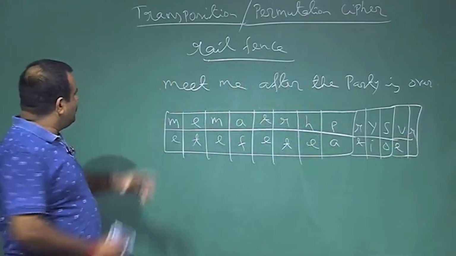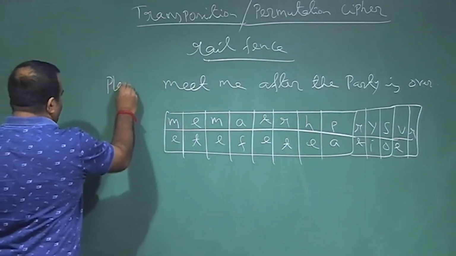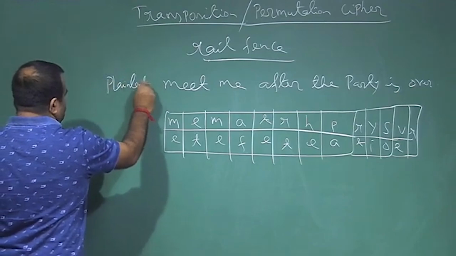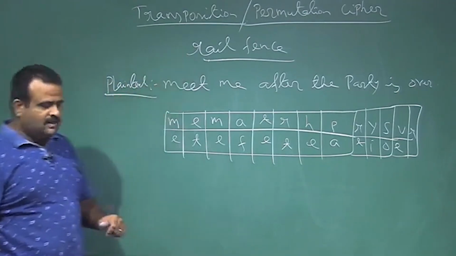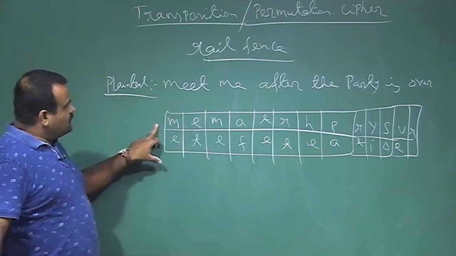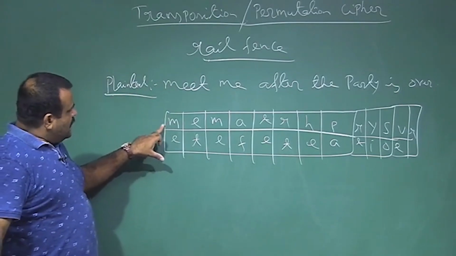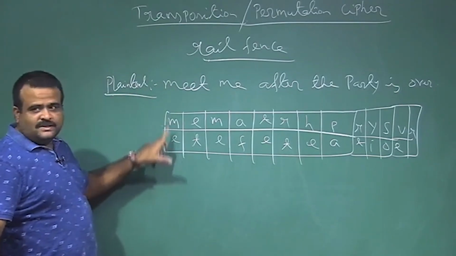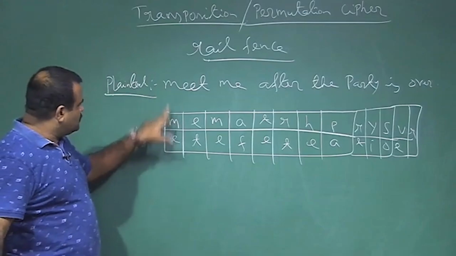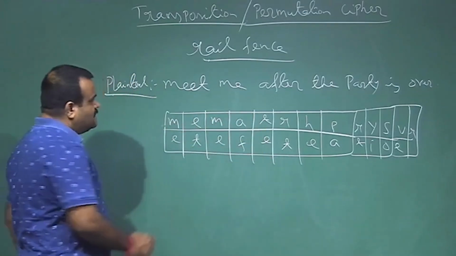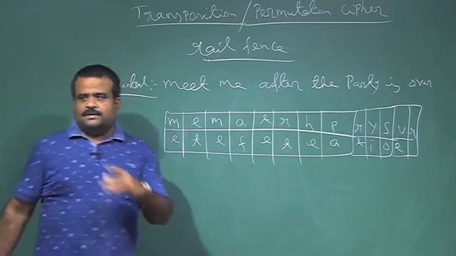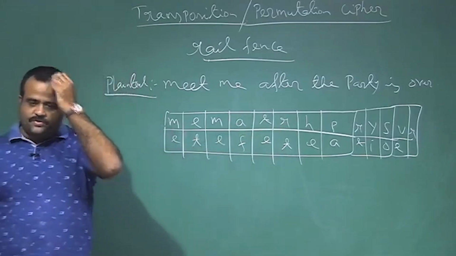So, this is the plain text, and this is the rail fence technique basically. So, what we are doing? We are just reading this column wise. This way we are reading, and then this way we are placing it in a 2 by 2 matrix.